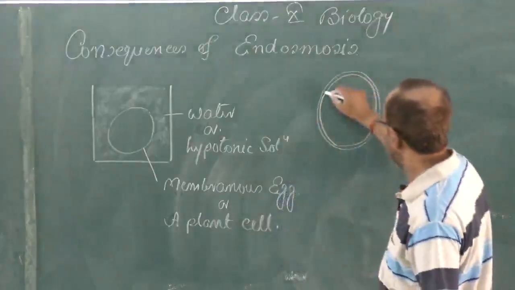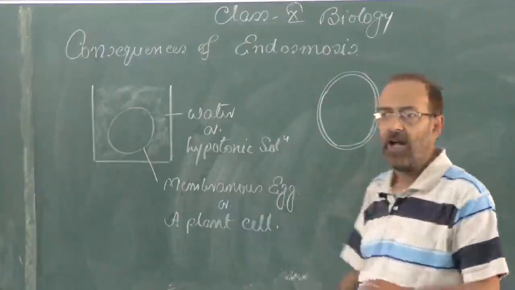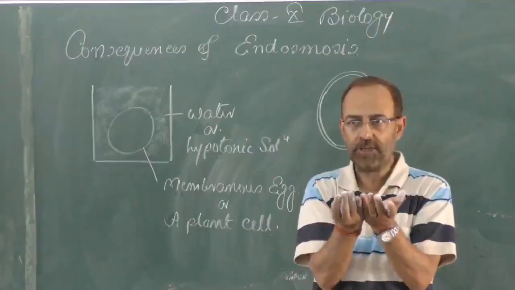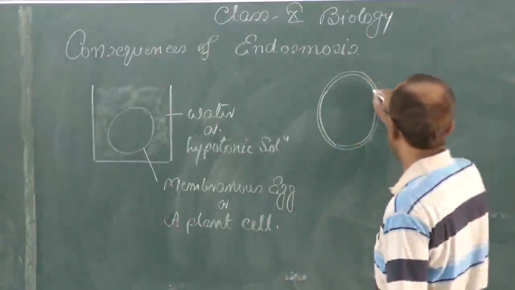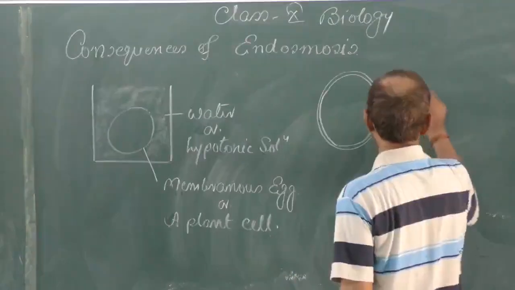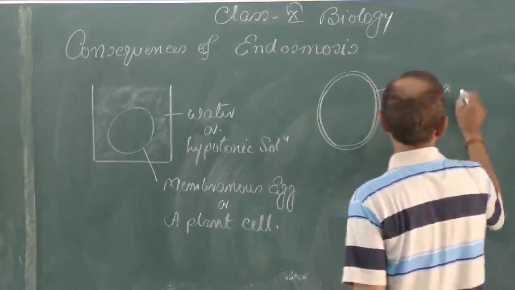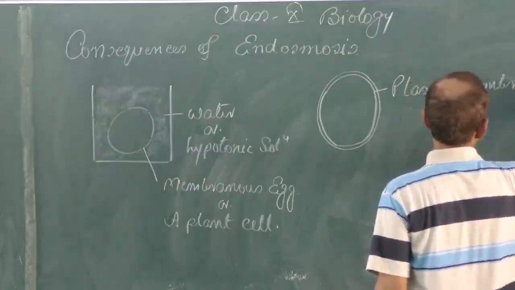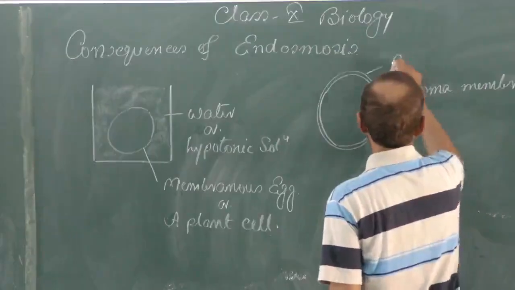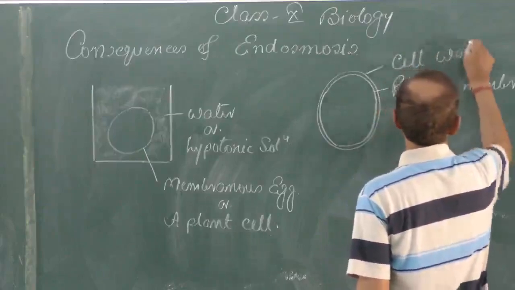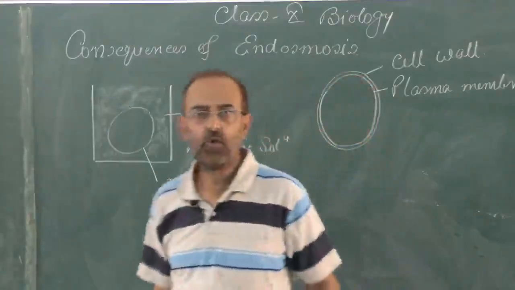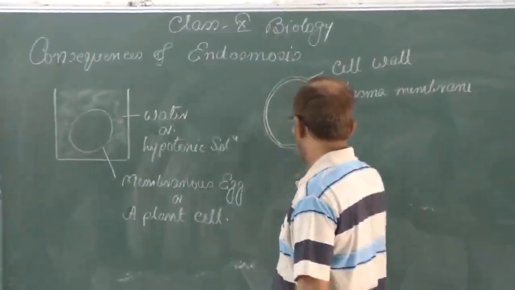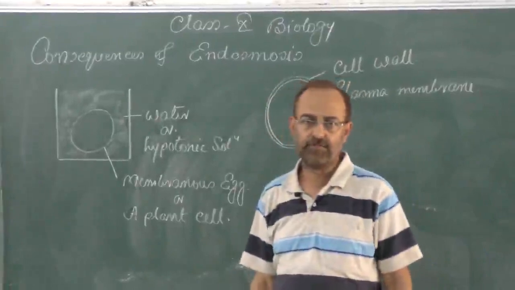And the protoplasm is surrounded by means of a membranous structure. The outer part of the protoplasm becomes membranous in nature, that is commonly known as a plasma membrane. This is cell wall. And in my previous class I told you that cell wall is permeable in nature, but the plasma membrane is semi-permeable in nature.